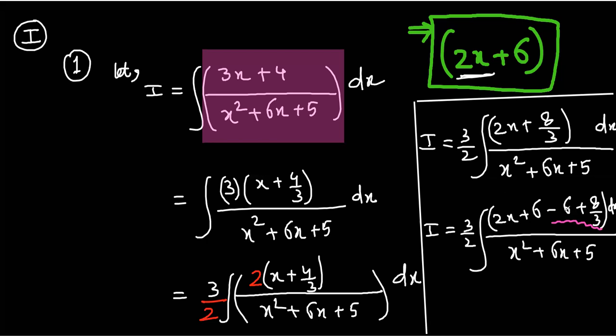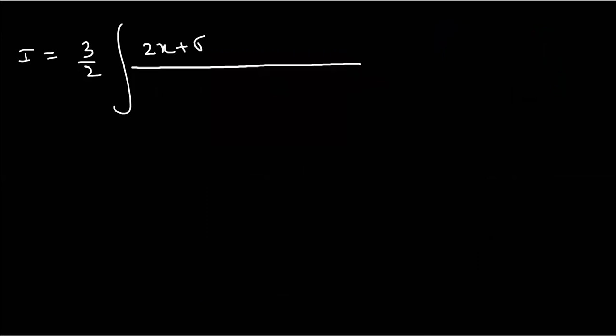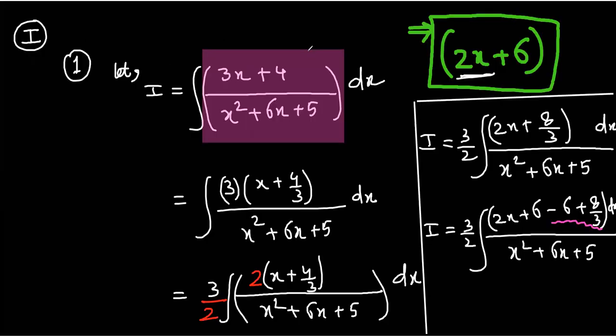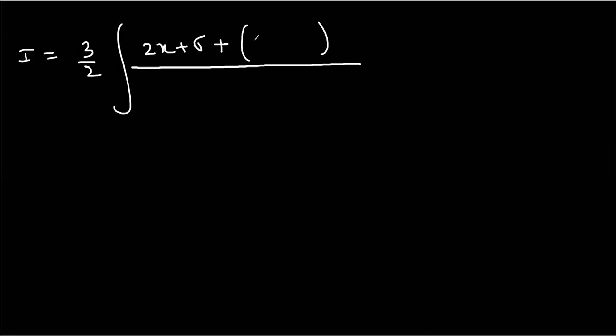So what I will do with minus 6 plus 8 by 3: I will always write a plus sign here, and then the LCM is 3.